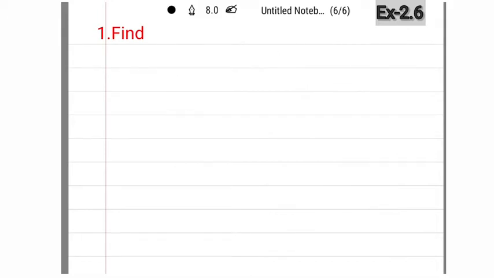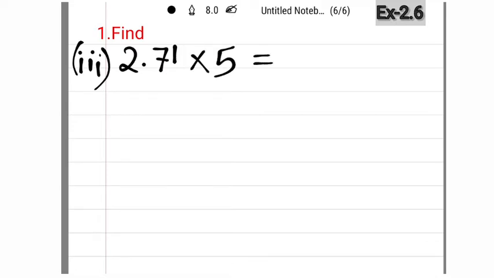Now come to the next bit, that is bit number 3rd or triple I. 2.71 into 5. Here also we will convert the decimal into fraction. 2.71 will become 271 by 100 into 5.